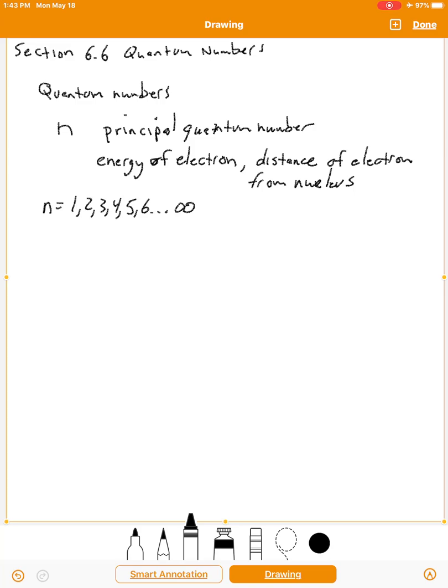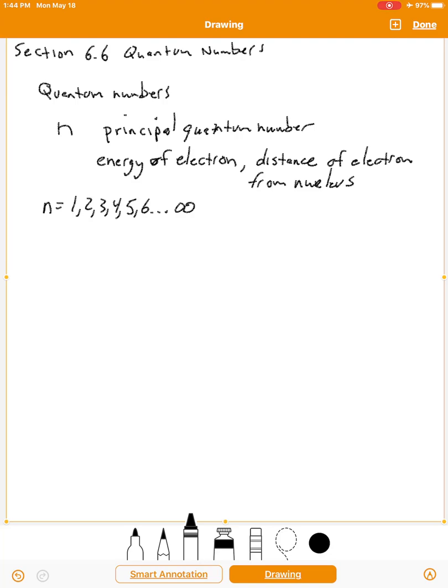And so he had this value n, this quantum number, which now we realize is really the energy of the electron. So the further the electron is from the nucleus, the more energy the electron has. Now remember, as we ended our previous lecture, we don't think of the electron anymore as a particle moving around the nucleus. We think of it as a wave that is spread out around the nucleus with a probability distribution. We'll get more into that when we talk about atomic orbitals.